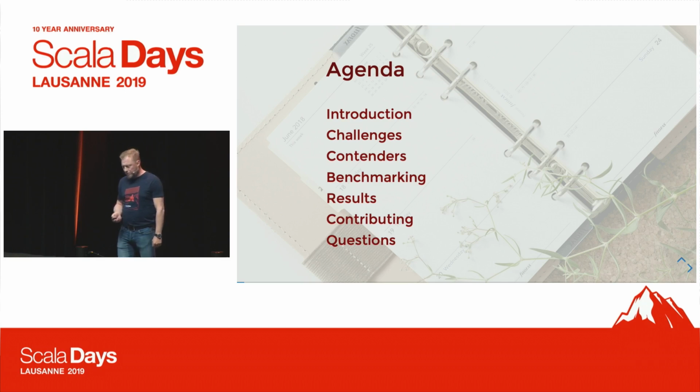We're going to look a little bit at how you can benchmark these kinds of implementations against each other, and also which tools to use, or which I used anyway, and have a look at the results, see what came out of the benchmarking, and also a little bit about how it is to start contributing to Scala especially.